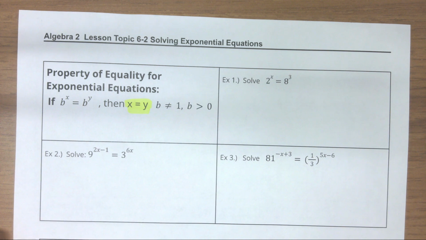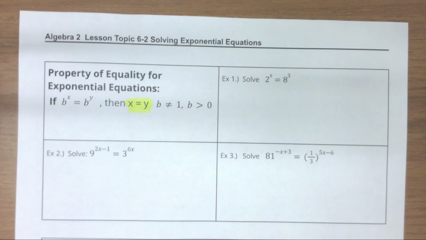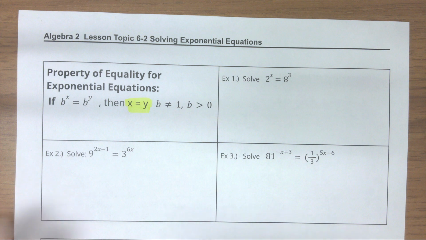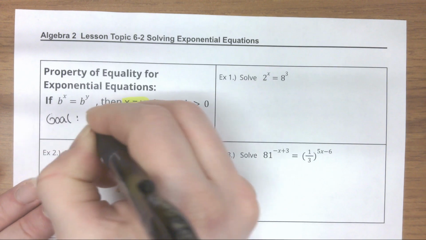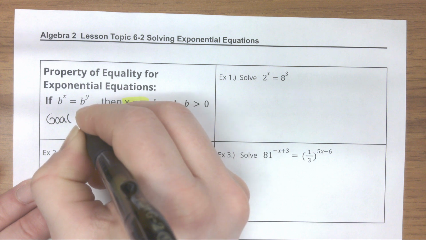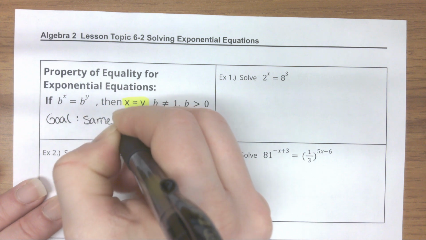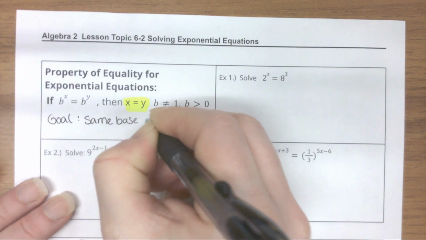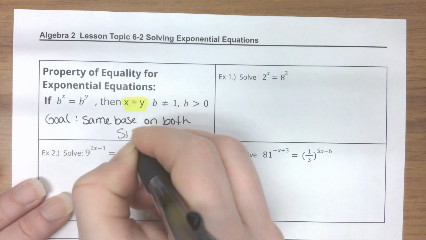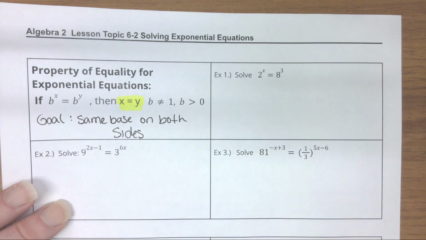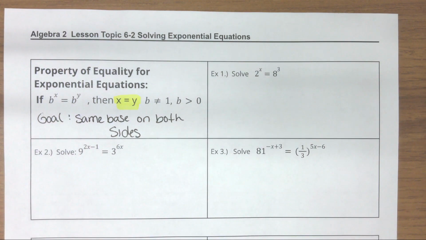So when we're solving today, our goal is to get the same base on both sides. And sometimes there's more than one way to do that.